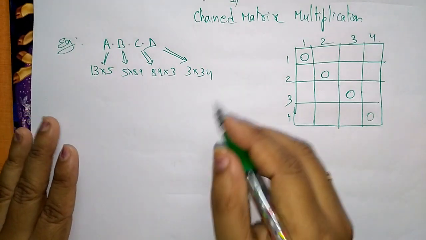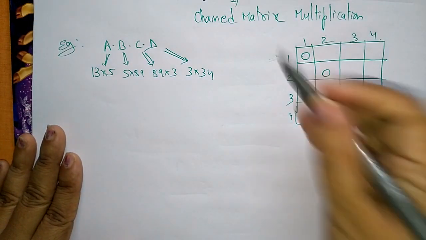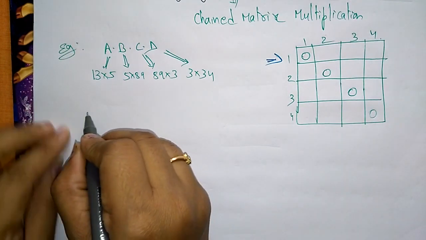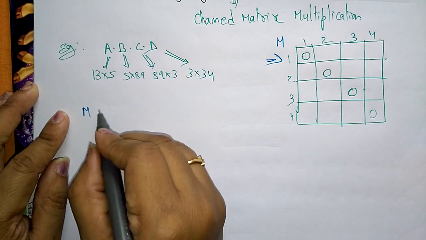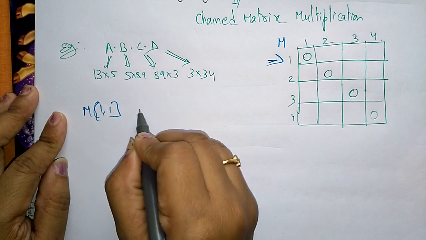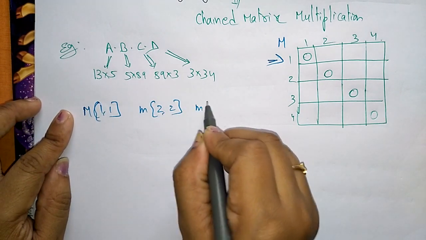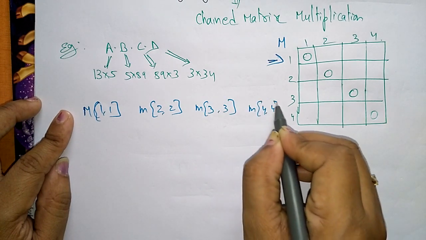Now let's take the first sequence. Let M represent the size of the matrix: M of 1 by 1, M of 2 by 2, M of 3 by 3, M of 4 by 4.